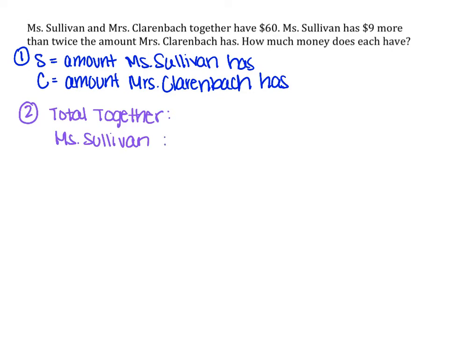So the total together is Miss Sullivan and Miss Clarenbach have $60. So the amount Miss Sullivan has plus the amount Miss Clarenbach has is $60.